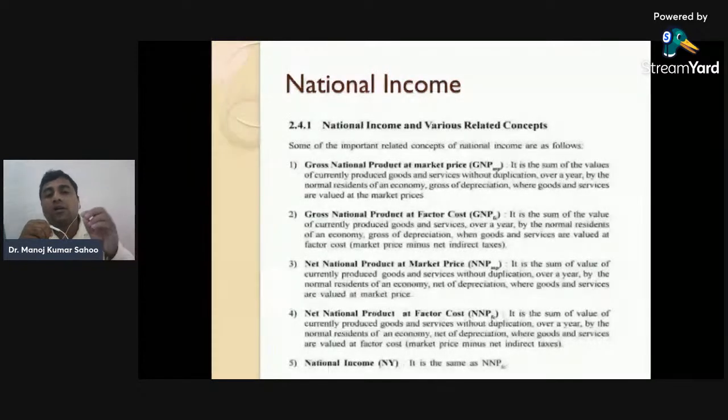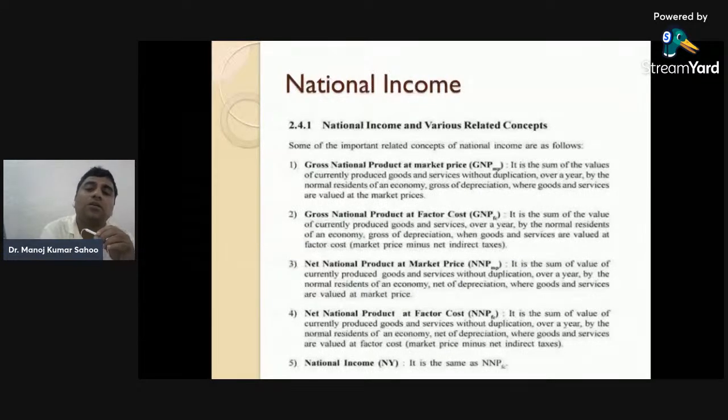So for the calculation of national income, we take only final products, final prices, not the intermediate products.